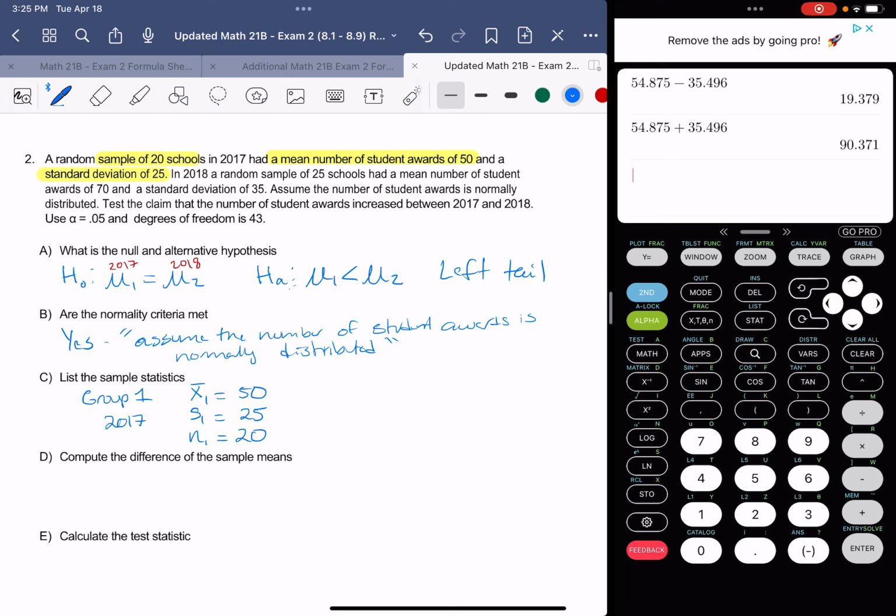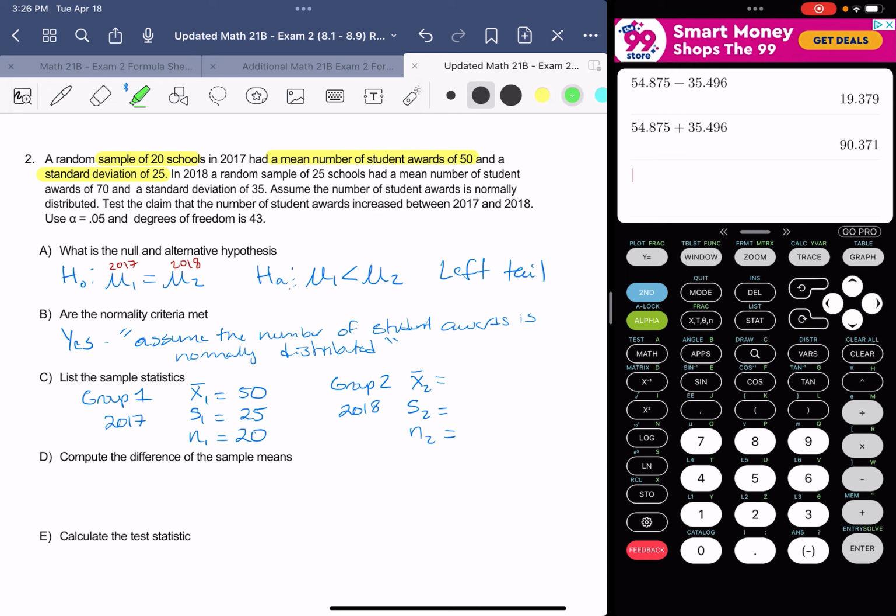Then do it again for our second group, which we said was 2018. We're going to call that X sub 2 bar, S2, and N2. Again, this information is given to us. It's just a matter of identifying and pulling it out.